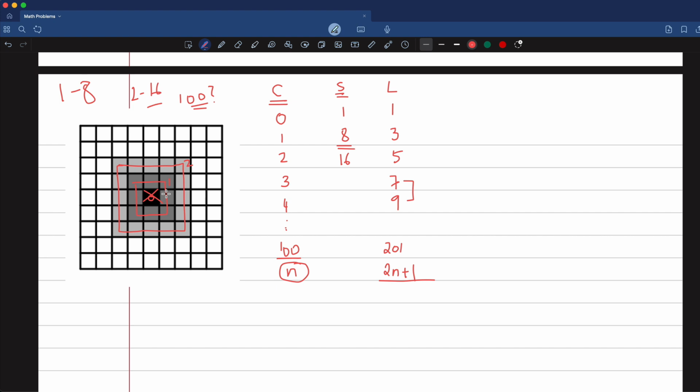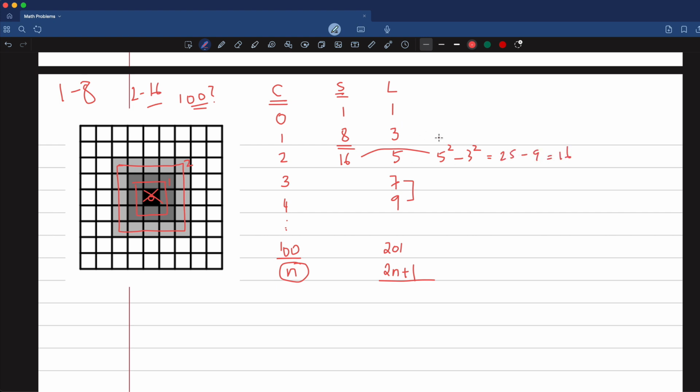Okay, so I see some pattern there. Let's go to the next one. The next one is a 5 by 5 square, which is 25, and you're subtracting the inner square, which is a 3 by 3. In other words, this 16 is nothing but 5 squared minus 3 squared, which is 25 minus 9, which is 16.